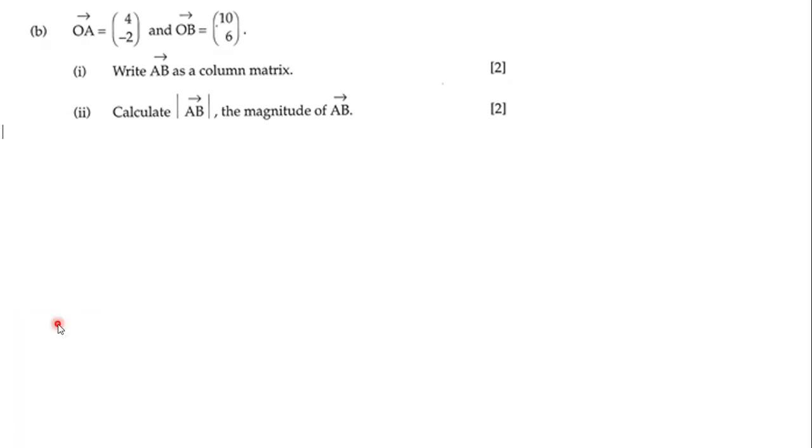Notice that in this question, they give us two vectors, and these are two column vectors, and these are also position vectors because they start at the origin.